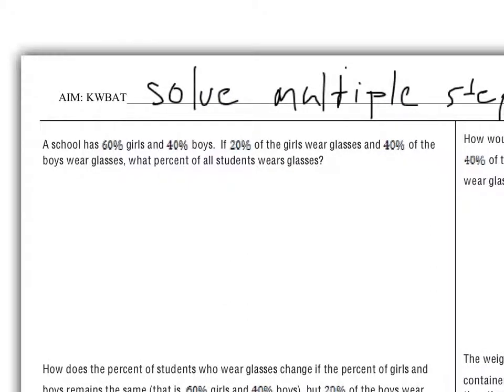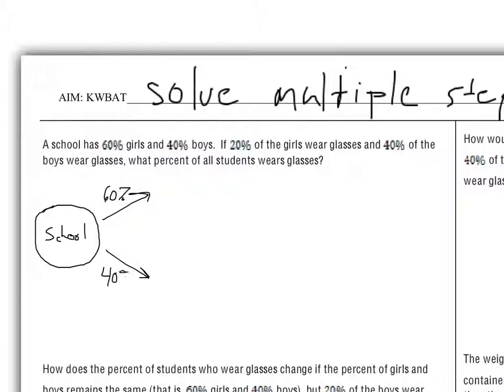So we're starting with our entire school. And we are saying 60% and 40%. We're splitting it up into 60% is girls and 40% is boys.